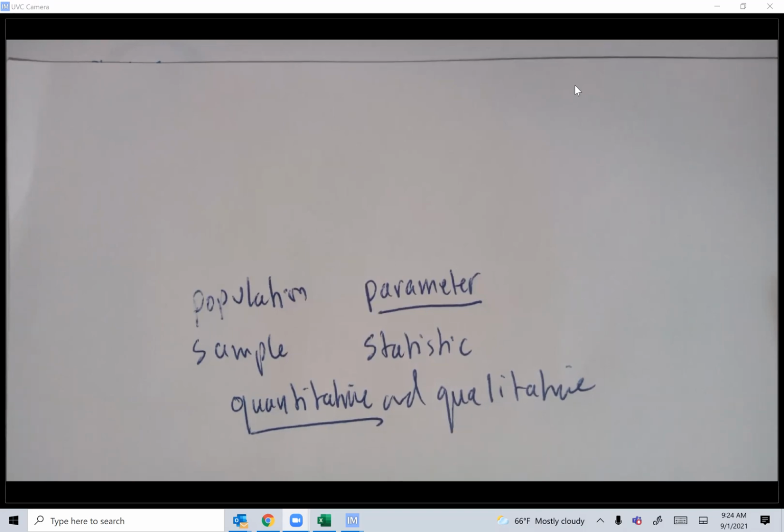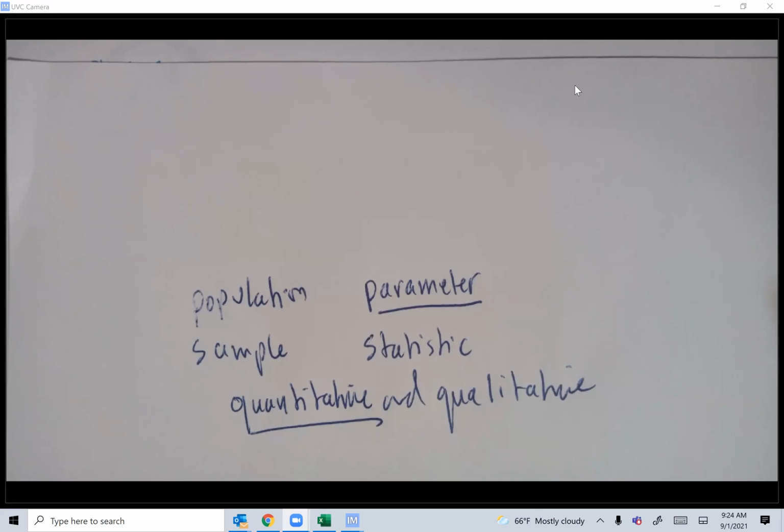What else we learned? We learned the difference between descriptive statistics and inferential statistics. Descriptive statistics means describing data, displaying data in a graph, a pie chart, a bar chart, a line graph. For the stock market, they use line graphs. Inferential statistics use the descriptive statistics to make an inference, to make a conclusion about the population.